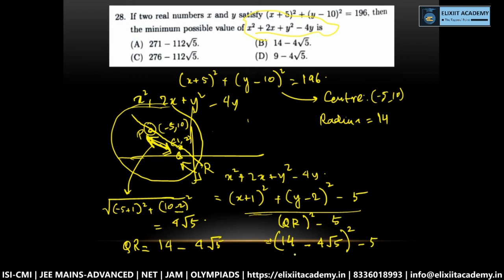Now you just need to simplify this. If you simplify this, you'll get the answer. In this case, option A is correct. I'm leaving the simplification on you, so you can simply simplify this.